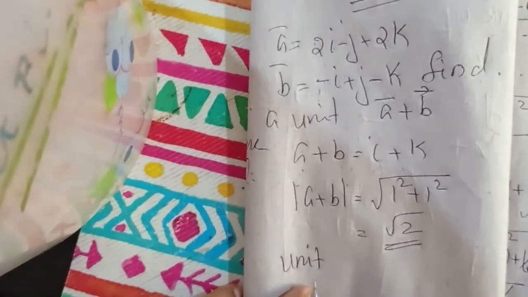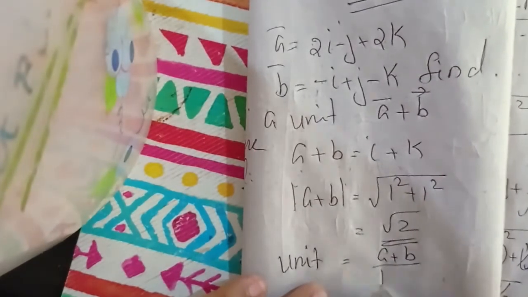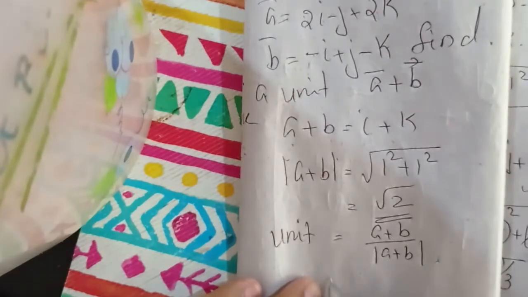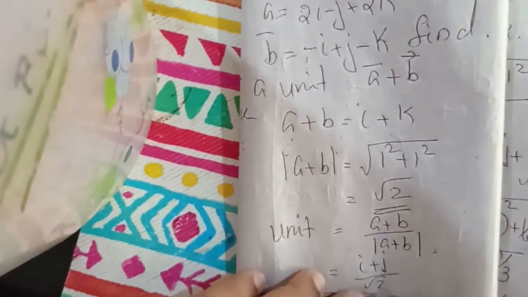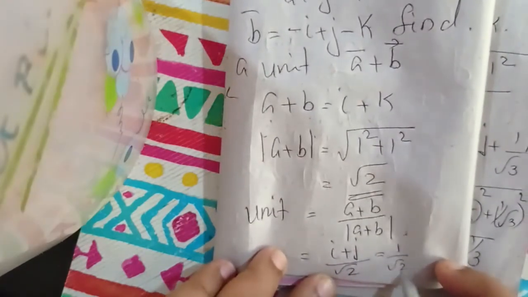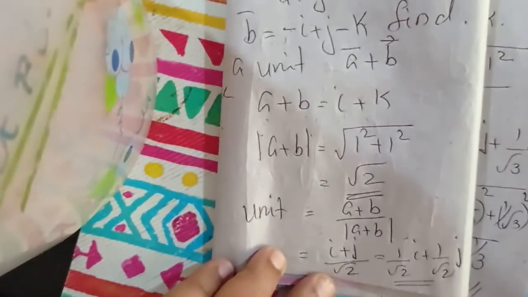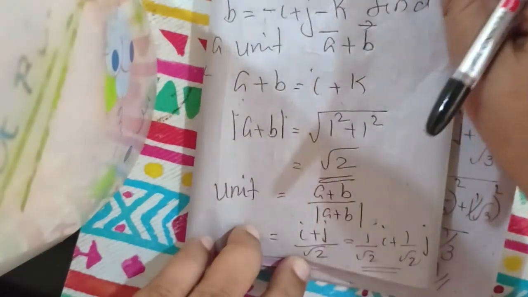It is A plus B by mod A plus B. What is your A plus B? i plus k by root 2. If you separate the components, 1 by root 2 i plus 1 by root 2 k.